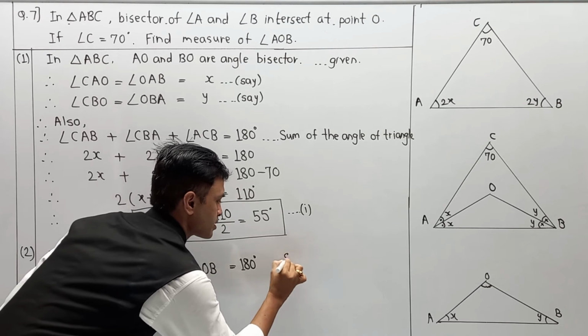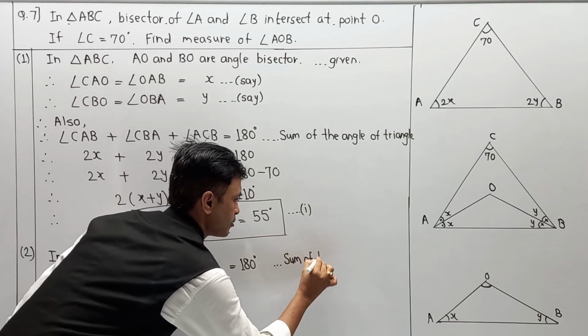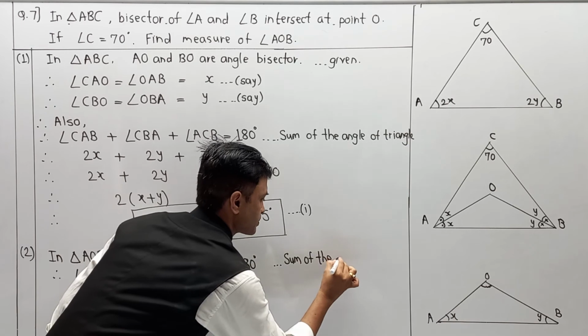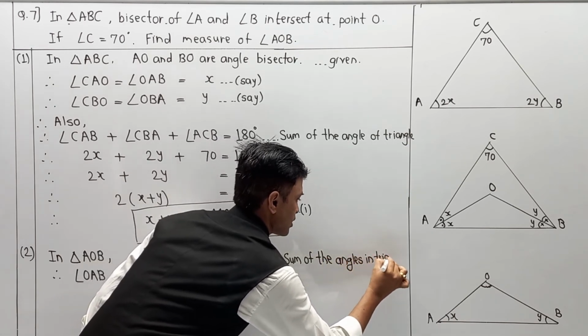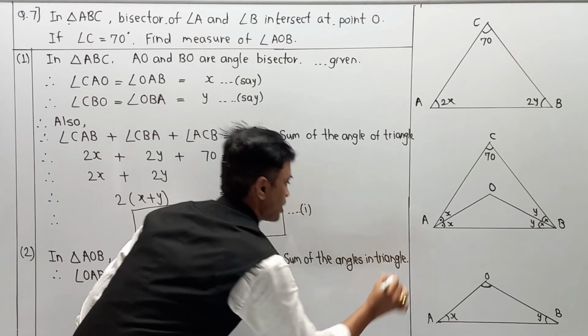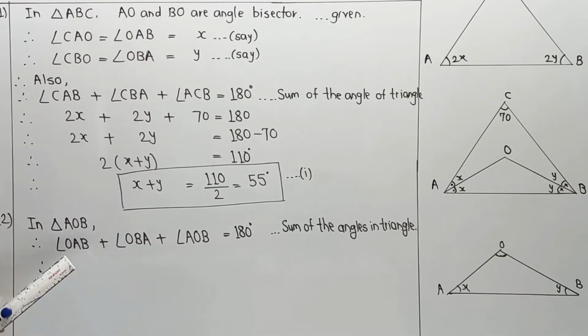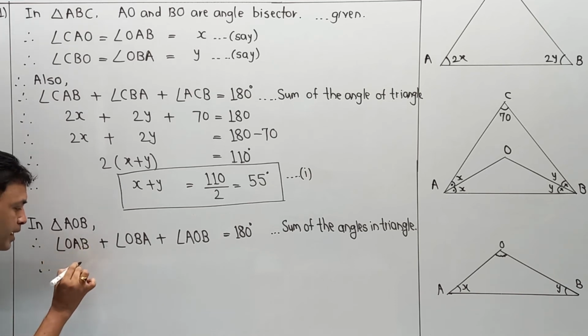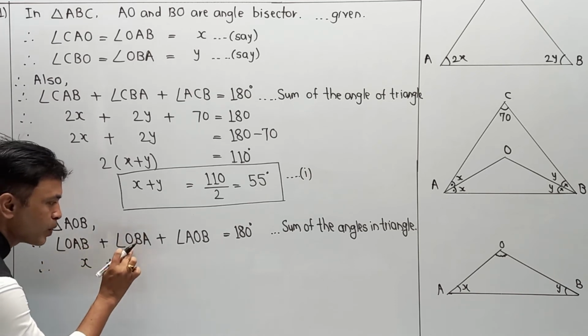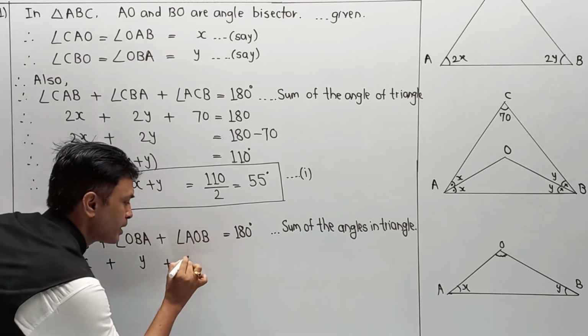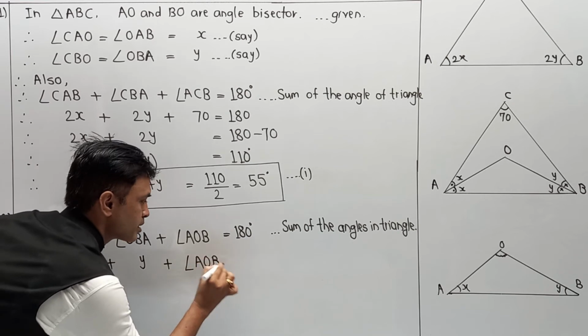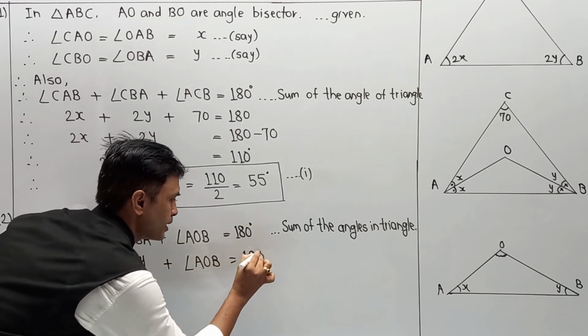Reason: sum of the angles of a triangle. Therefore, putting the values in the form of x, y and unknown: angle OAB, that is x, plus angle OBA, that is y, plus angle AOB, that we are supposed to find, is equal to 180 degree.